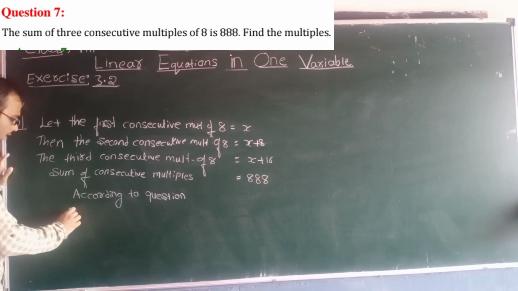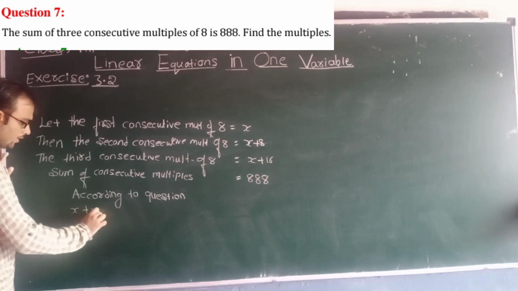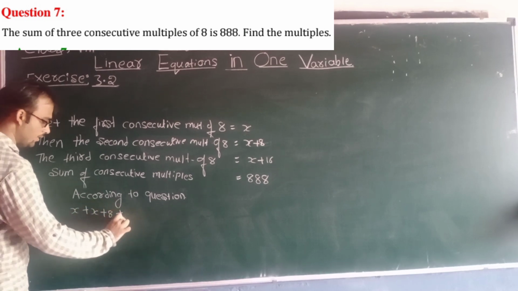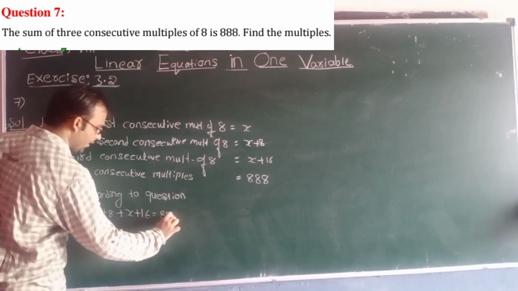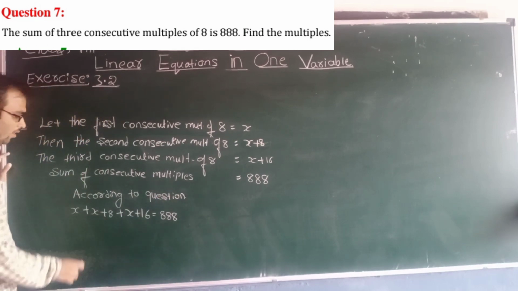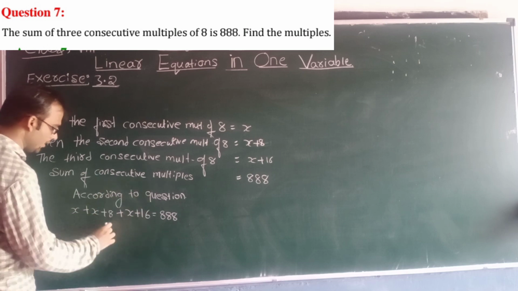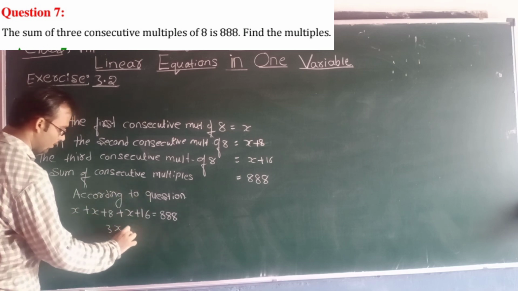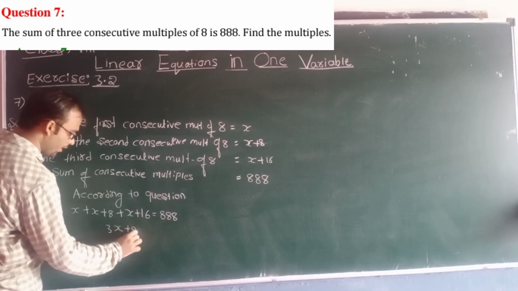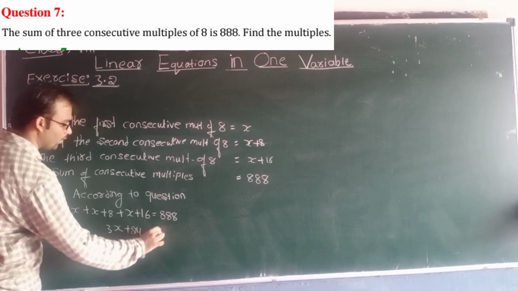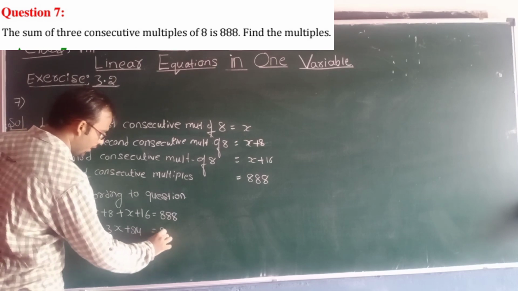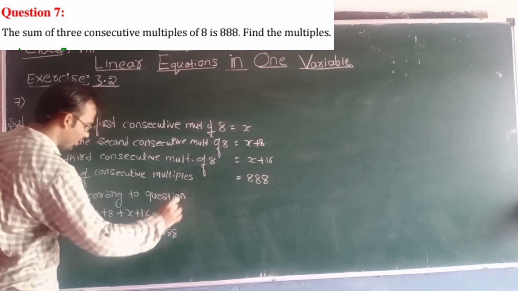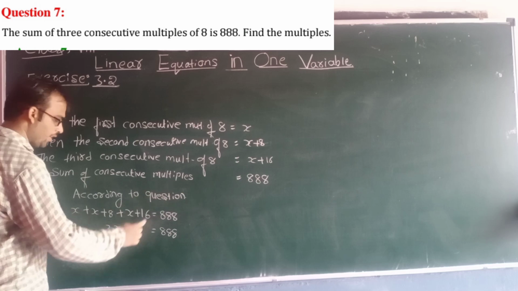So look here. x plus x plus 8 plus x plus 16 equals 888. Now x plus x plus x, that is 3x. 8 plus 16, that is 24, equals 888. So now transpose this 24 to that side.